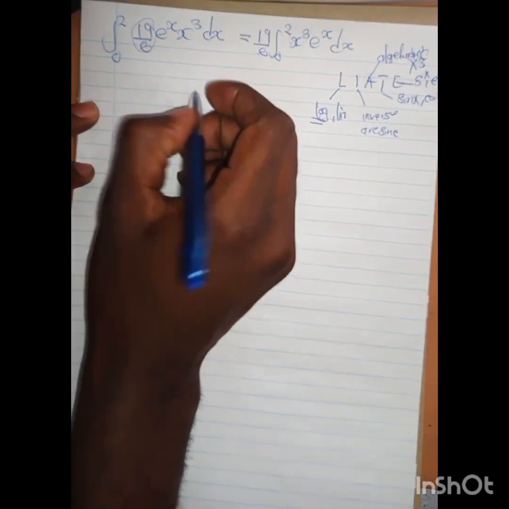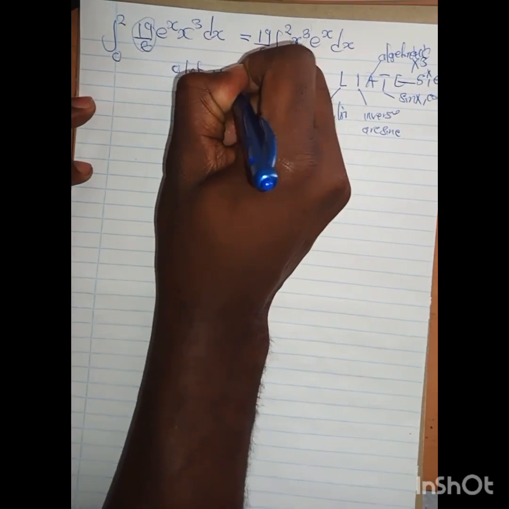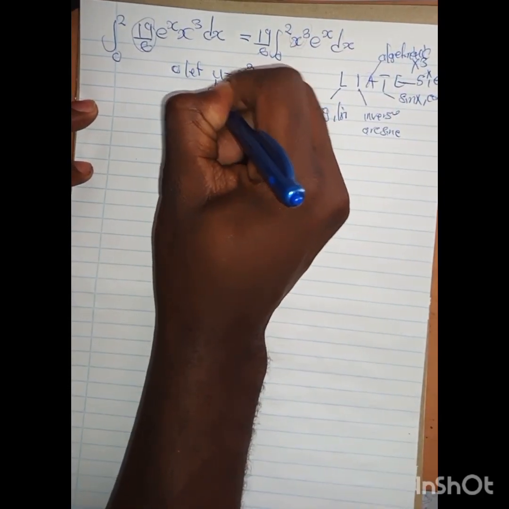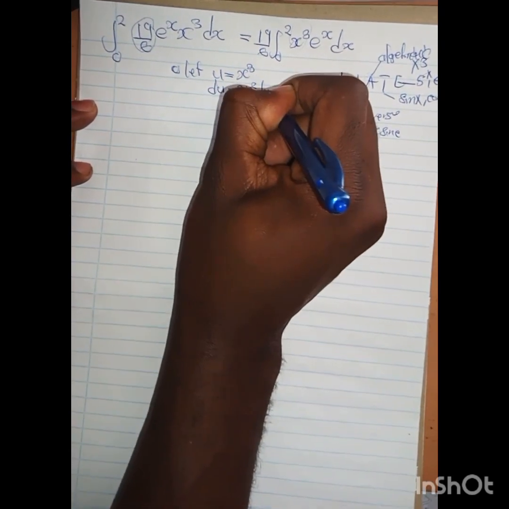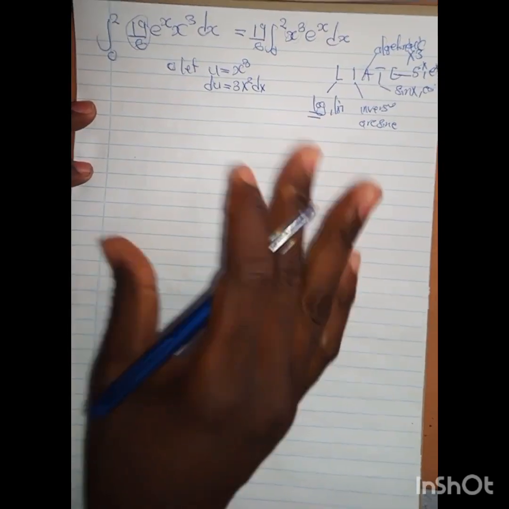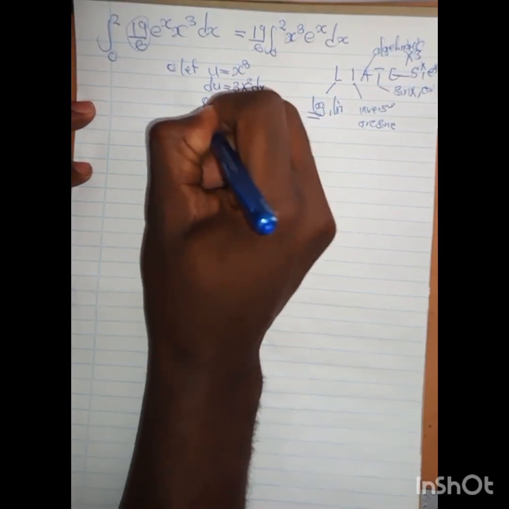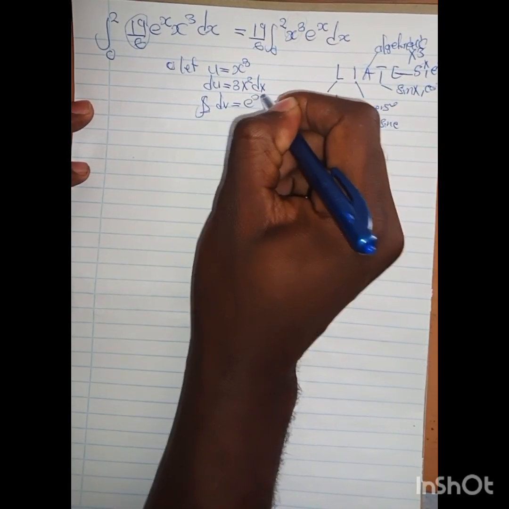So let u to be x cubed, then differentiate u, we get 3x squared dx. Alright, then stop in there. Then this one is our dv. Our dv is given by e to the x.